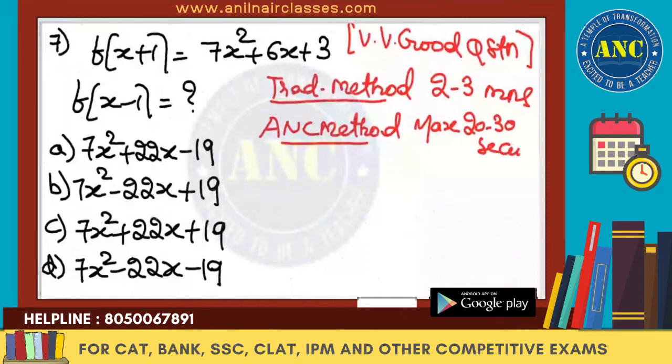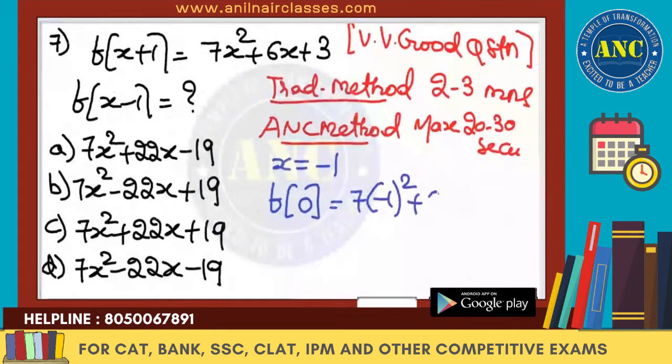So what I will do is take x equivalent to minus 1. If I take x equivalent to minus 1, this is nothing but f of minus 1 plus 1, which is f of 0. This is 7 into minus 1 square plus 6 into minus 1 plus 3. 7 plus 3, 10, 10 minus 6, 4. So f of 0 is 4.